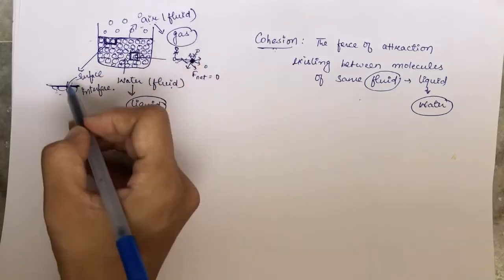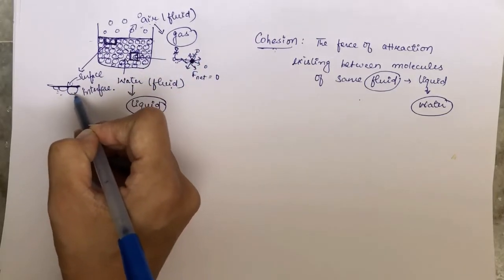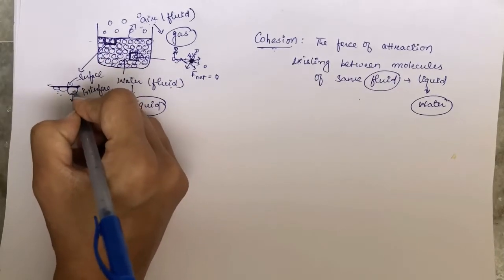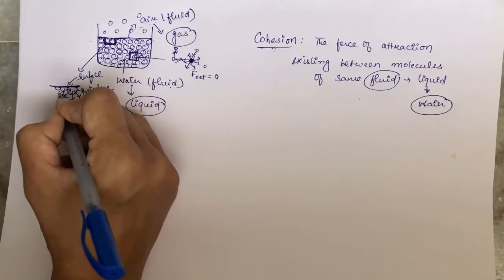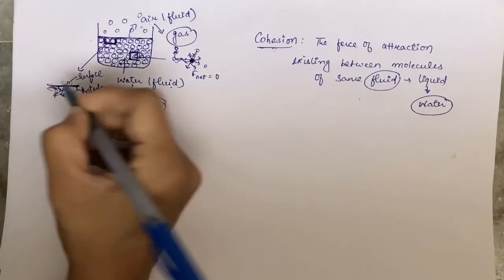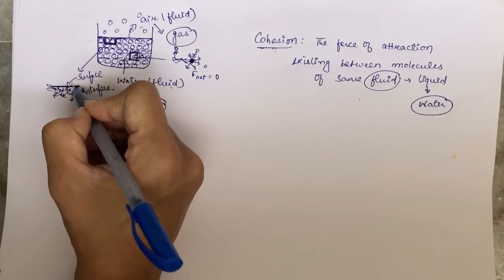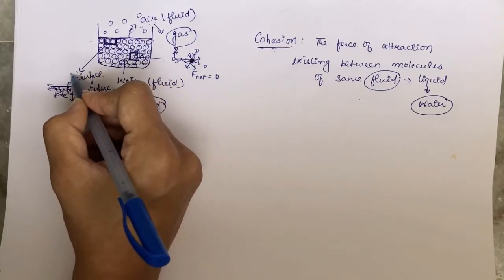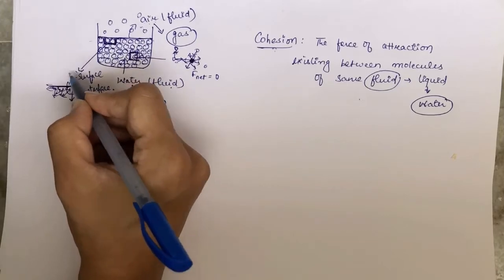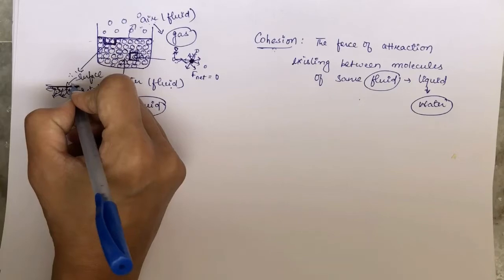Coming back over here, this molecule of water will experience attractive forces from the other molecules of water in the downward direction, correct? It will also experience some molecular attraction in the medium above the surface interface, that is in the medium of air, but the magnitude of these intermolecular forces will be very small.